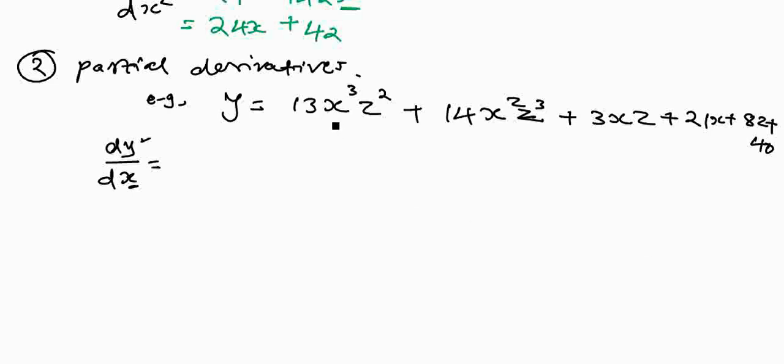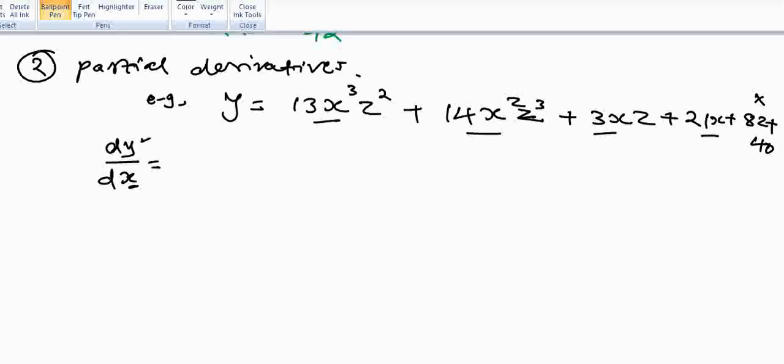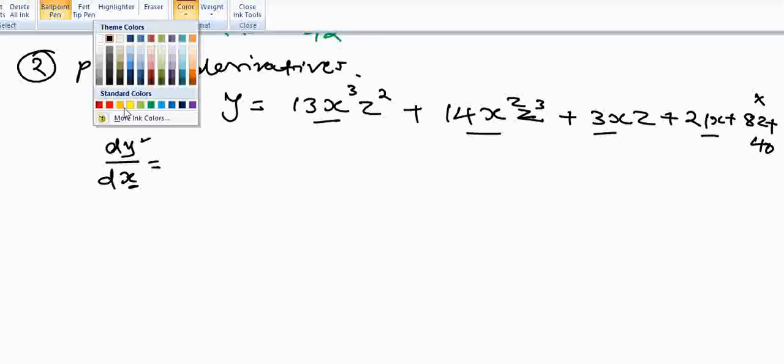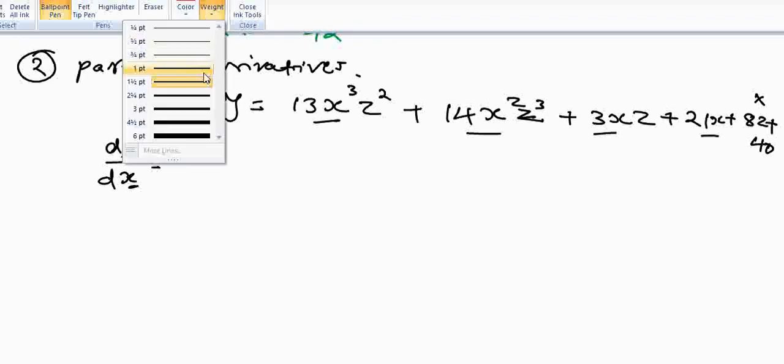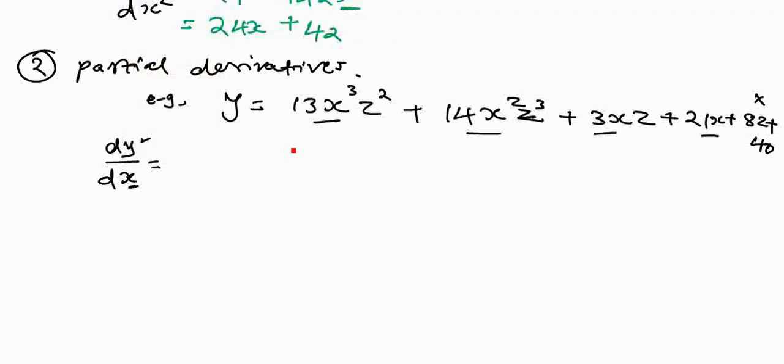So where there is x here, here there is x, here there is, here there is none, we leave it. So let's do it. Let me get a different pen color like a red pen. I think a red pen will do. Okay, maybe I can reduce the weight of that color. Yeah, that is okay. So here we differentiate with respect to x.